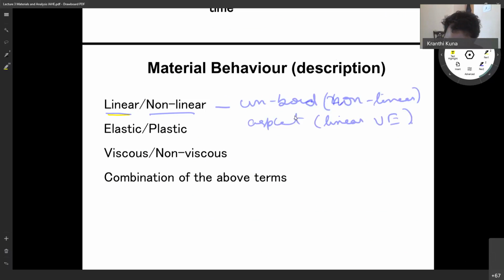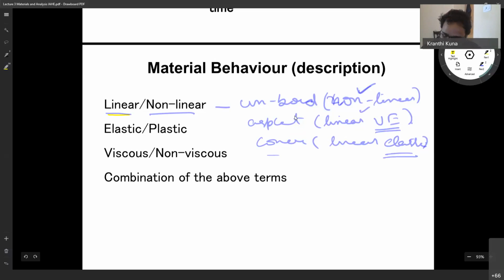Similarly, concrete is linear elastic. What other materials we have? So you can see this is non-linear elastic, granular materials. Asphalt is linear but viscoelastic. Concrete, linear elastic. So each material within the pavement behaves differently.